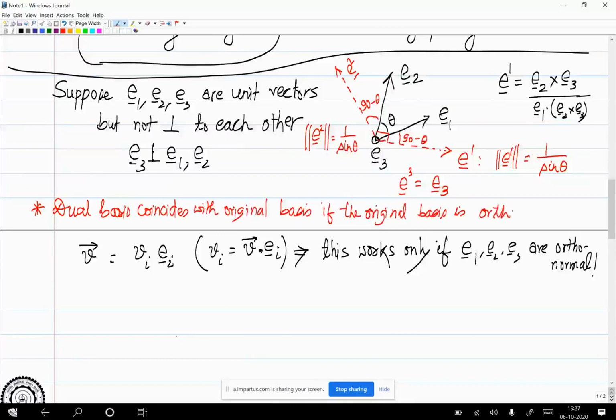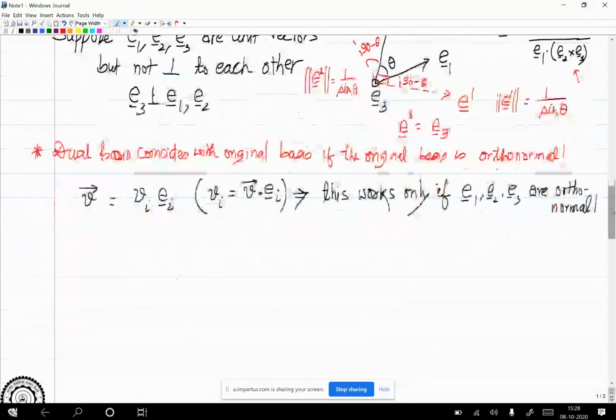Can you see that it is going to be the case? From the formula, if E2 and E3 are perpendicular, then their cross product will automatically be along E sub 1. And the scalar product in the denominator will be 1 if E1, E2, E3 are unit normed and perpendicular to each other. So E super 1 becomes equal to E sub 1, and likewise for E super 2 and E sub 2. Okay? So anyway, coming back to a general basis.